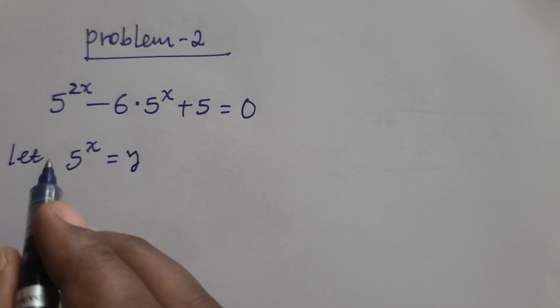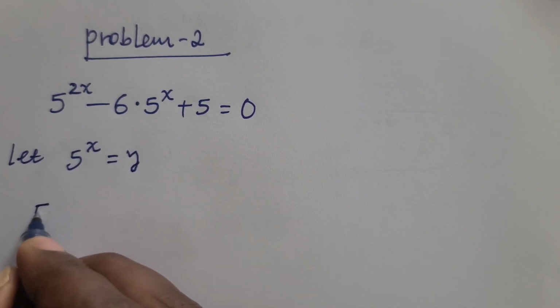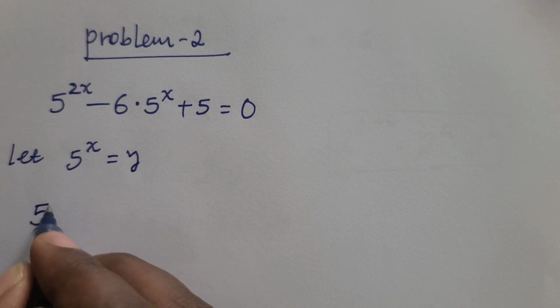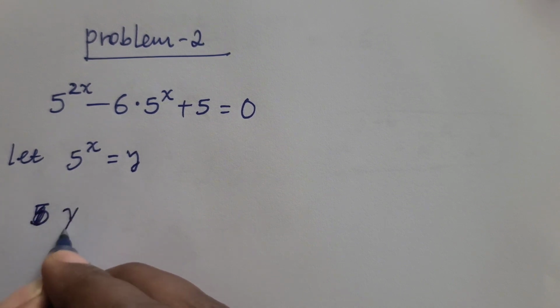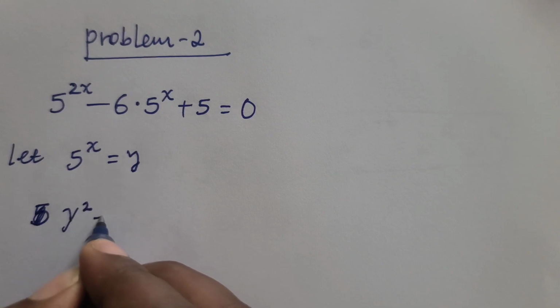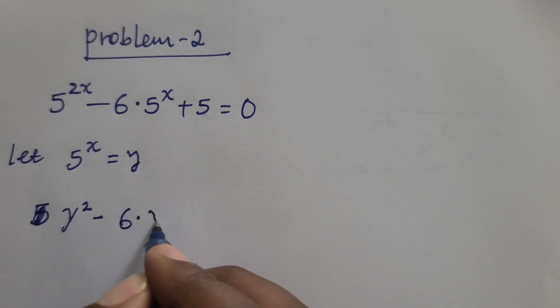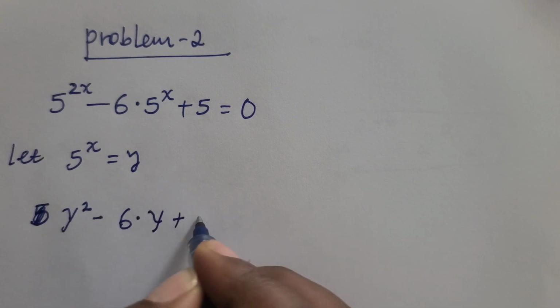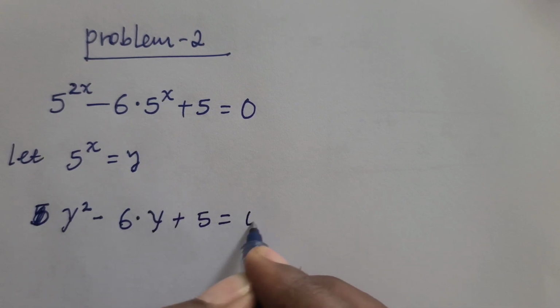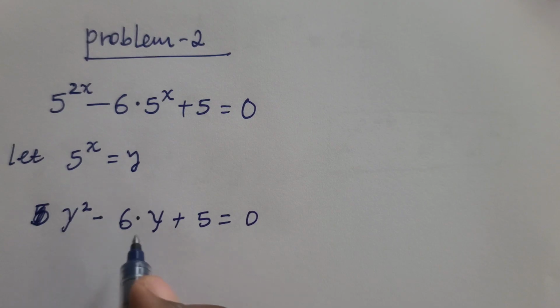Therefore, the above equation can be rewritten: 5^(2x) means y squared, minus 6 times 5^x, that is y, plus 5 equals 0. y squared minus 6y plus 5 equals 0.